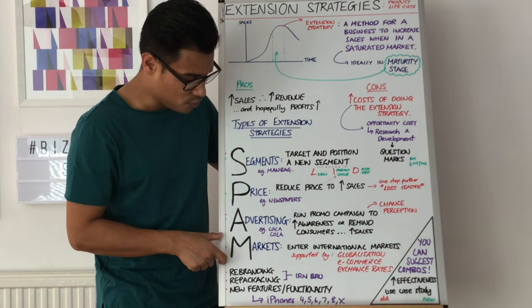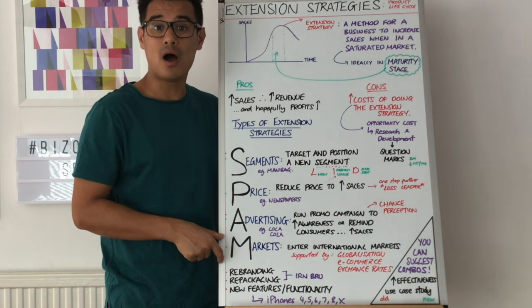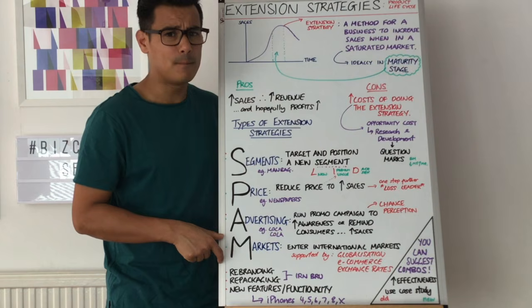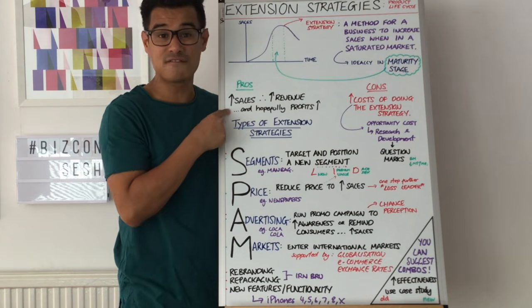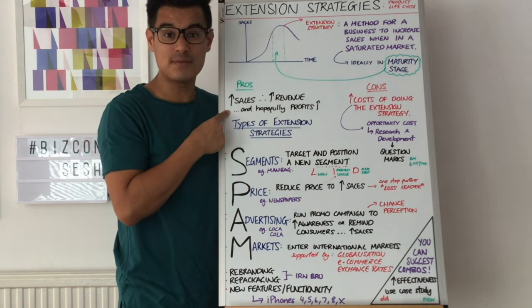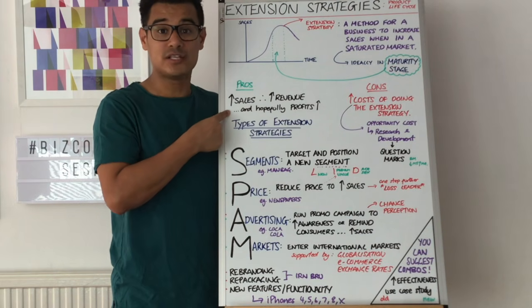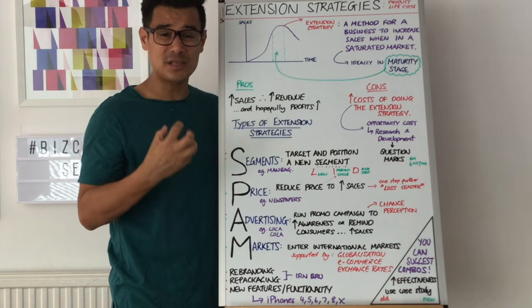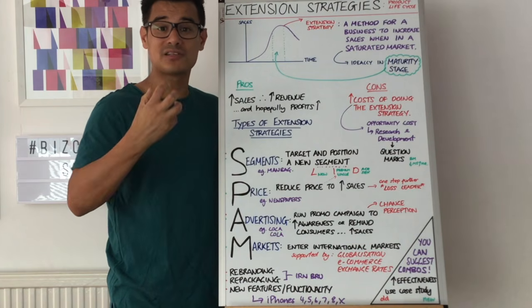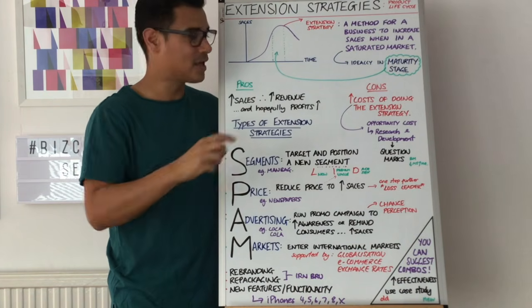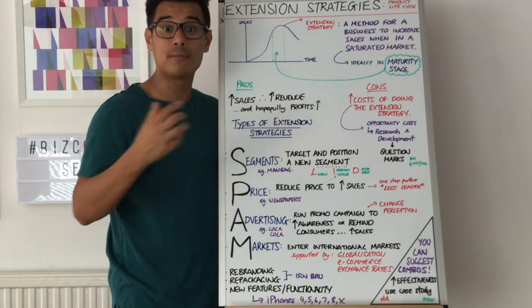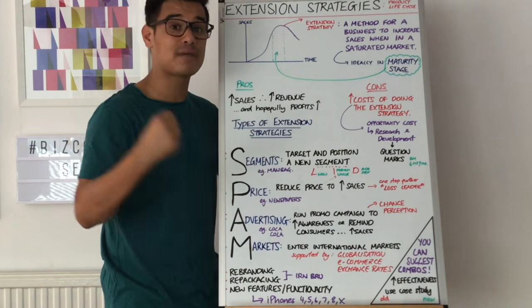For example, moving into a new market is likely to cost a lot, but it could be outweighed by the fact that it's a new market. Maybe it's China, maybe it's India, maybe it's Brazil, maybe it's Russia. All these countries could possibly have an enormous amount of sales that can be converted into revenue, and it's going to outweigh those cons and become profit. And that's when it's a smashing answer.